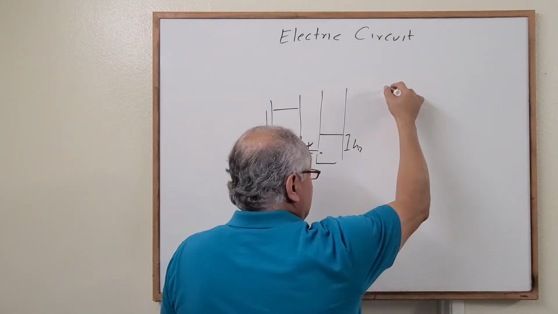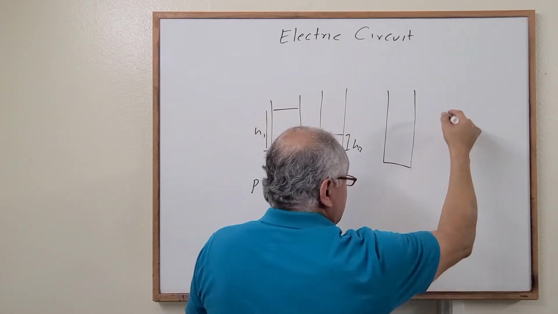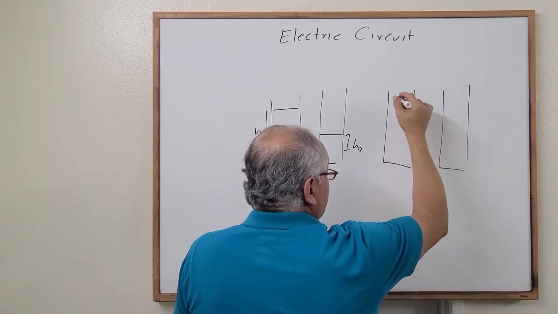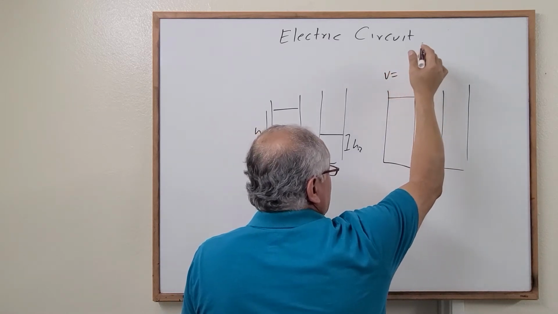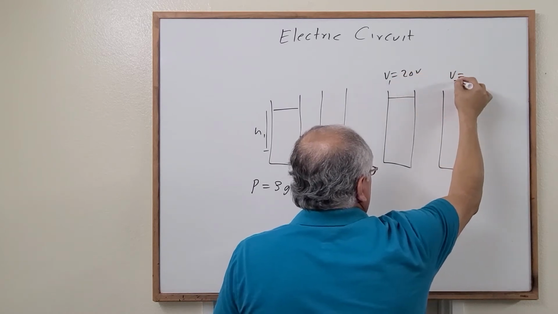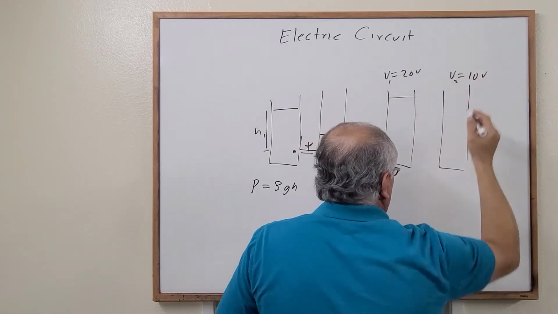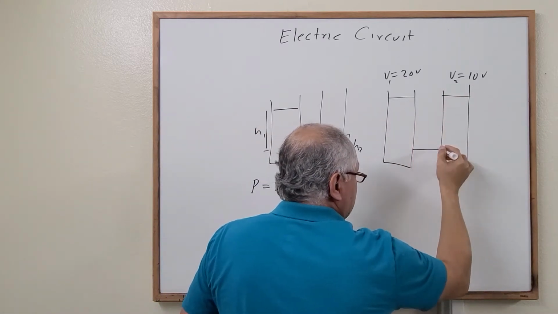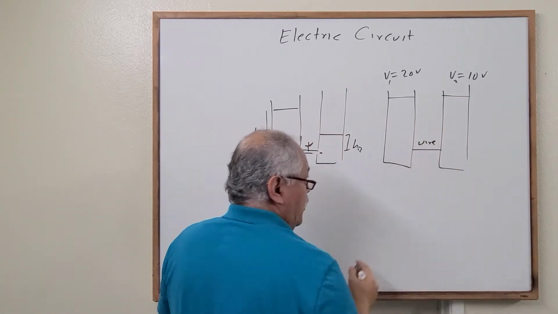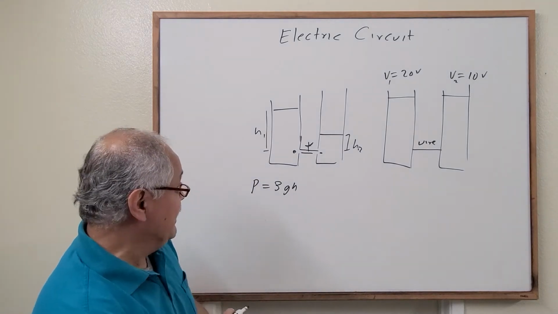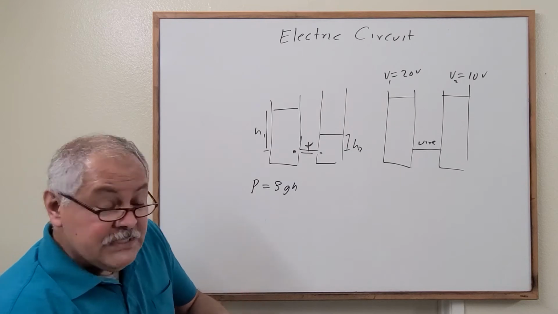When we have electric potential, imagine this is the same idea. Imagine this is electric potential equal to 20 volts. This is case 1, case 2 is going to be 10 volts. What happens when we connect these two with a wire? Well, we have current. Perfect. Now, what happens after a while?